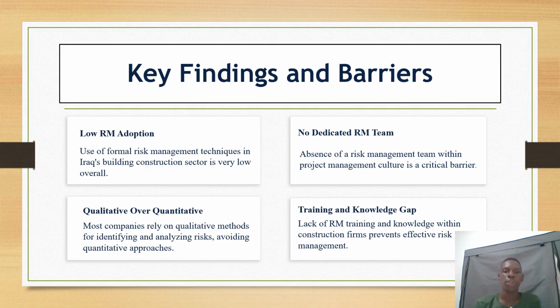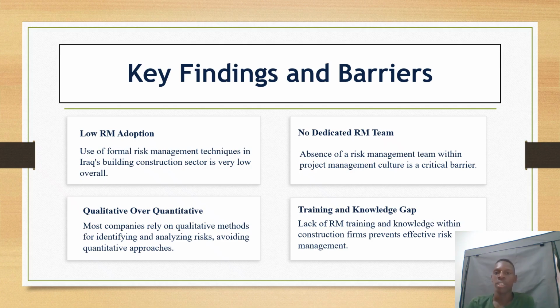They realized most construction companies are majorly relying on qualitative methods for identifying and analyzing risks over the quantitative approaches. Another one was there was no dedicated risk management team.